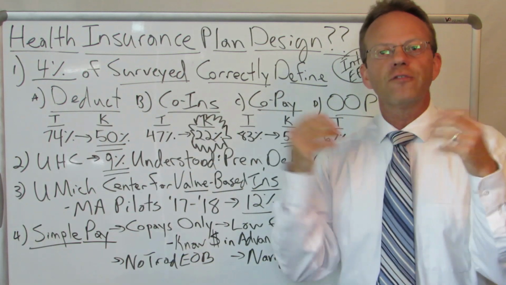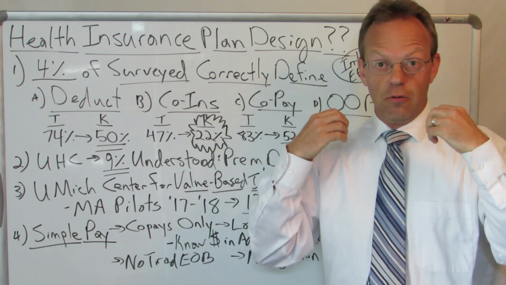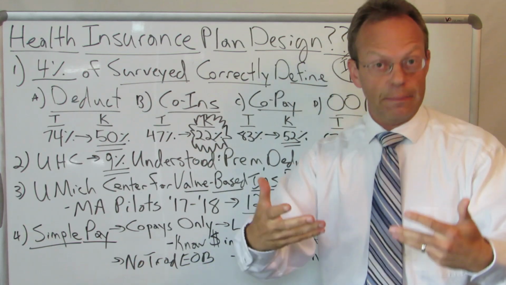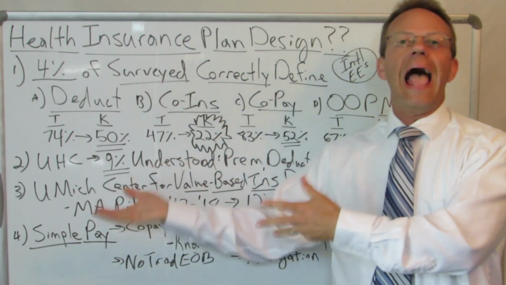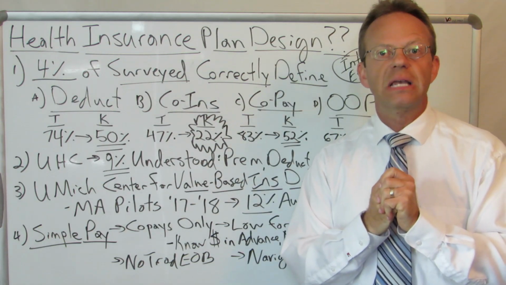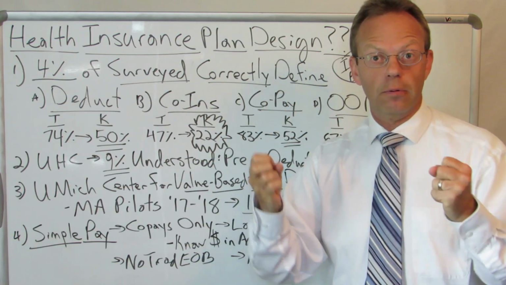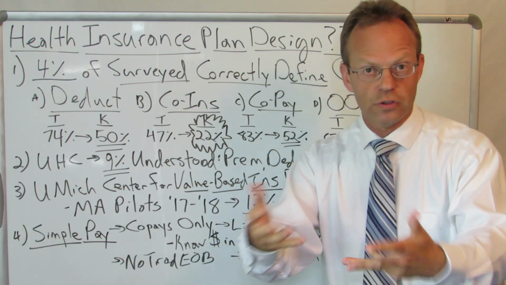So, of course, one of the reasons that people who work in employee benefits say that we have these plan designs is because they want to financially motivate people to have certain behaviors, right?